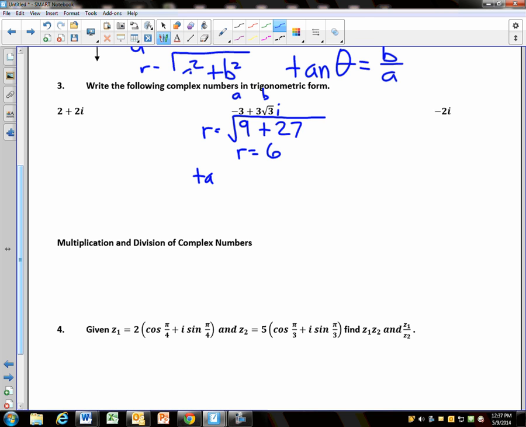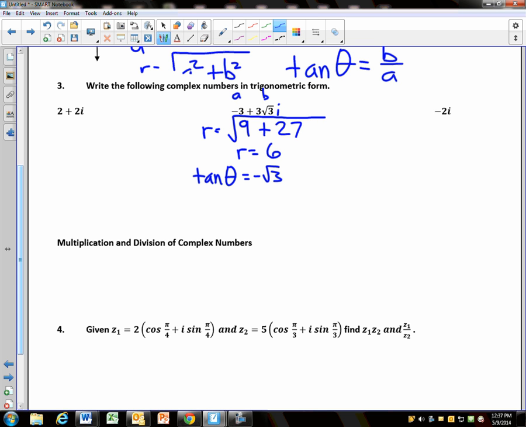I do it by setting up tangent. Tangent of theta is equal to b over a. What's b? Yes. So 3 roots of 3 divided by negative 3, I would get negative root of 3. Tangent is negative in the second quadrant and the fourth quadrant.